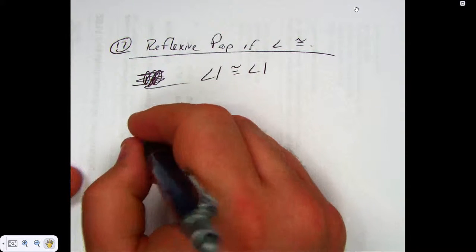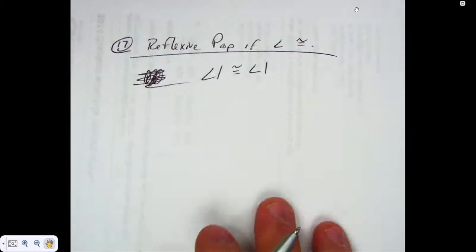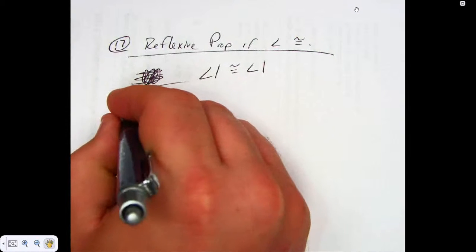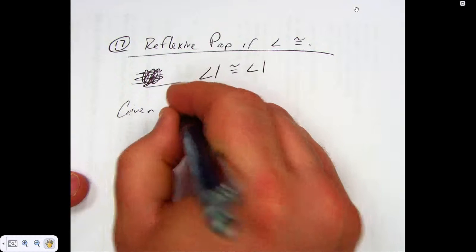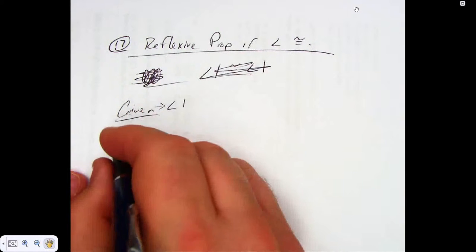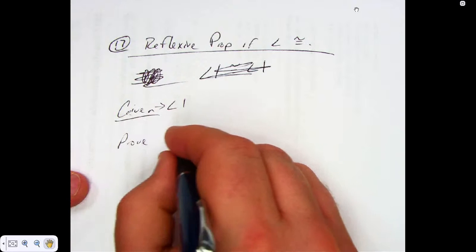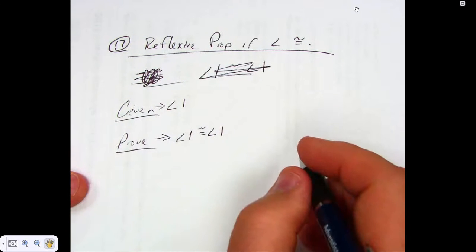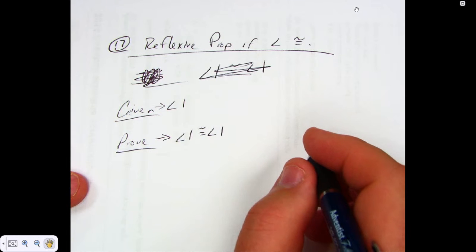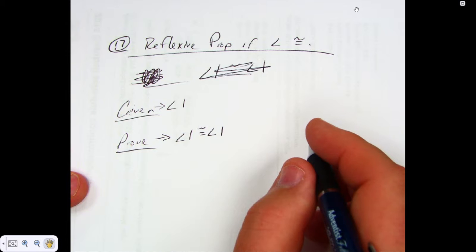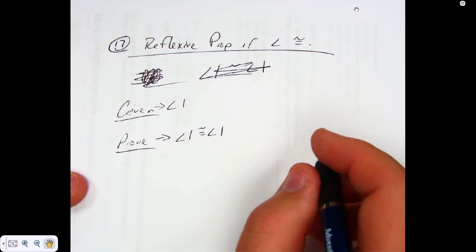Think about that one. So what would be your given? Just that there exists an angle 1, and your proof would be that angle 1 is congruent to angle 1, right? Is there an if-then statement that goes with that in the book? No, just that angle 1 is congruent to angle 1, right? Yes.